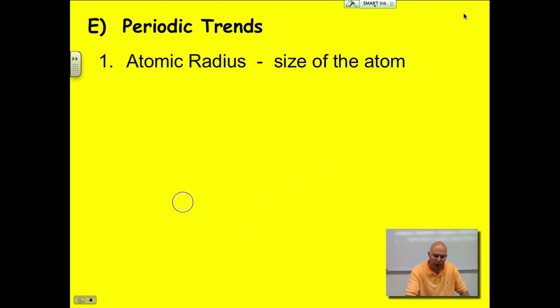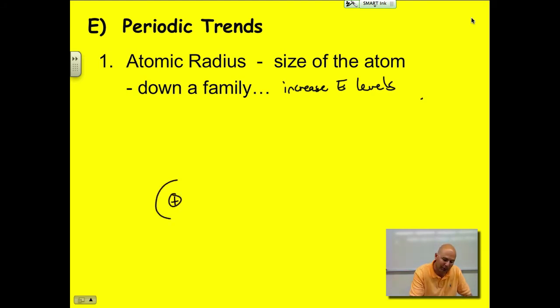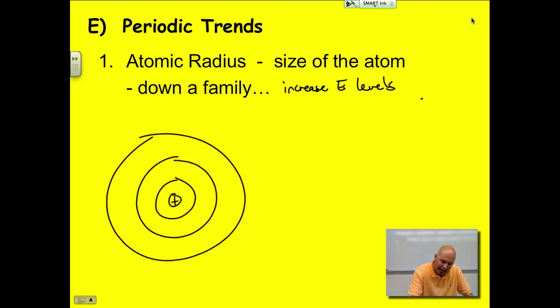Now, the radius, let's take a look at it. As we go down a family, this is probably pretty easy to understand, you're going to increase energy levels. And remember, increasing energy levels, we had our nucleus and we went like this: energy level 1, energy level 2, energy level 3.